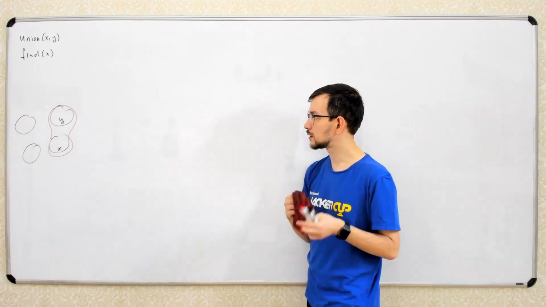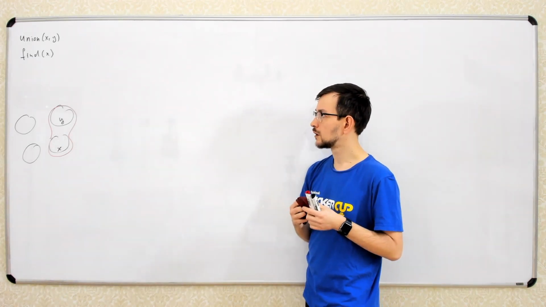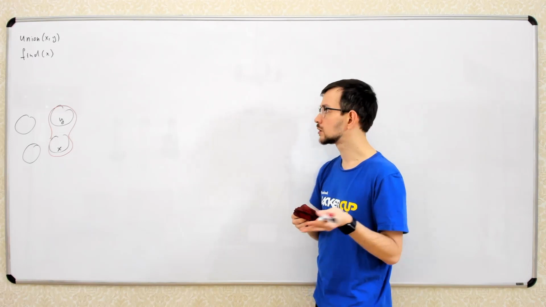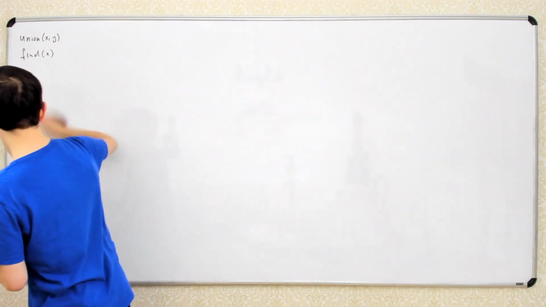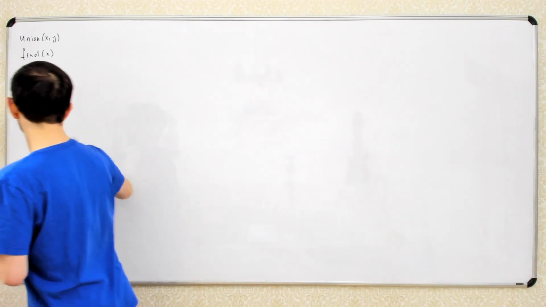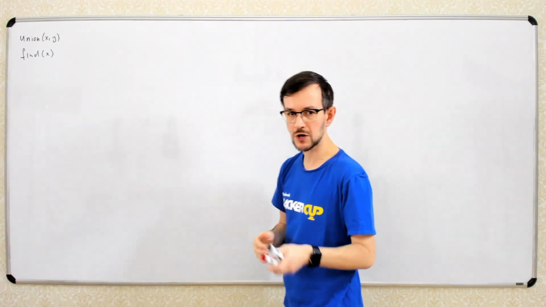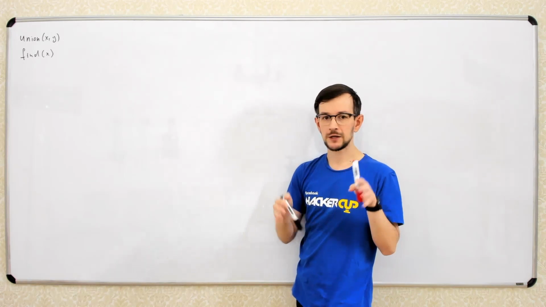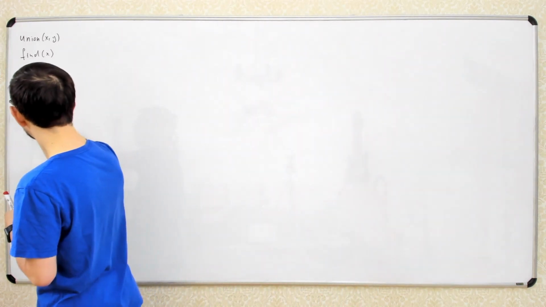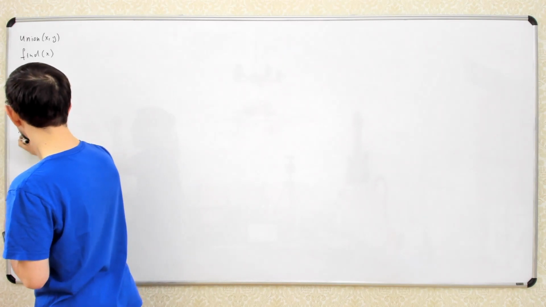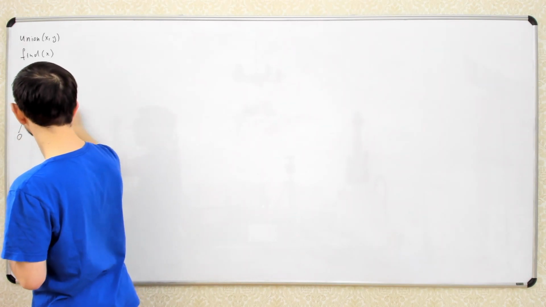How do you implement the union-find data structure? Again, like we discussed in the previous lecture, it's quite easy. We will implement the union-find data structure in the following way. We will maintain each set as a tree, like this.